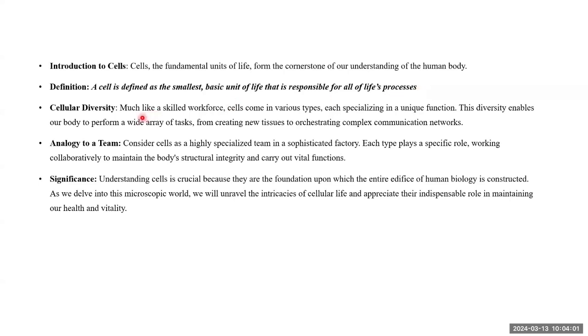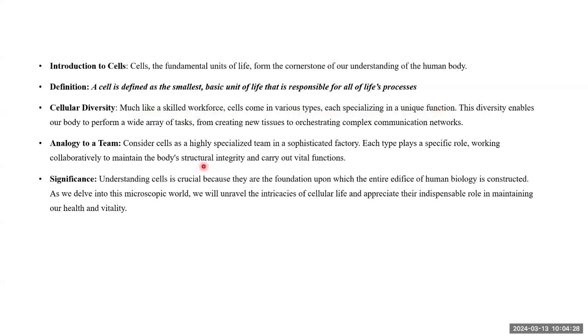So there is cellular diversity in our body, and as I said, there is a skilled workforce. Cells come in different types, specializing in a unique function. Each type of cell is organized in the form of tissues, or groups of cells, that perform specific functions assigned to them by genetics or by nature.